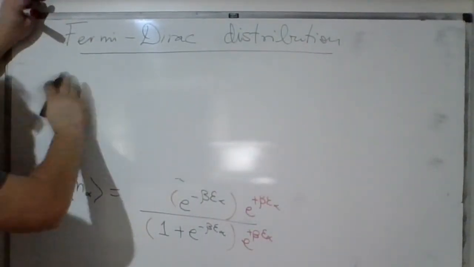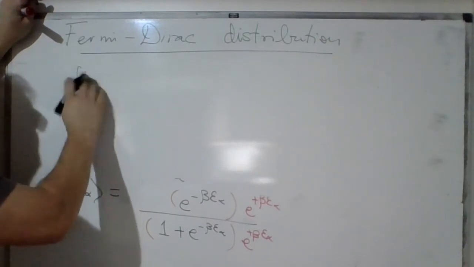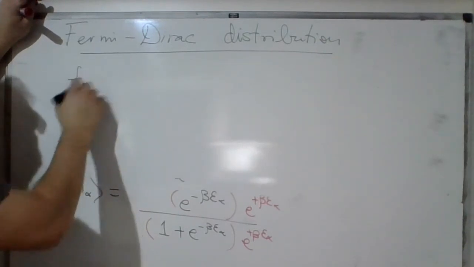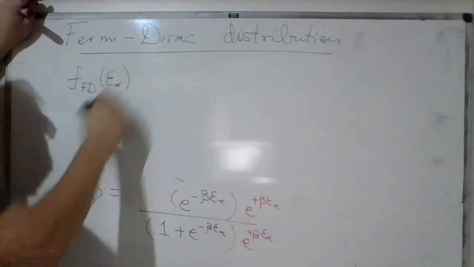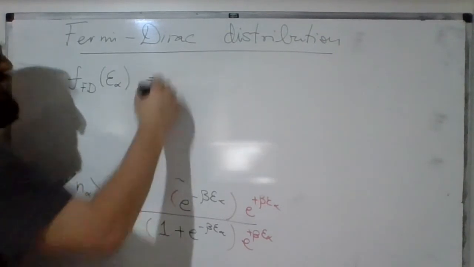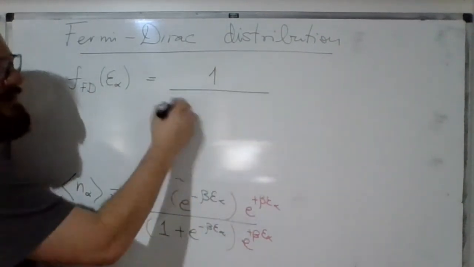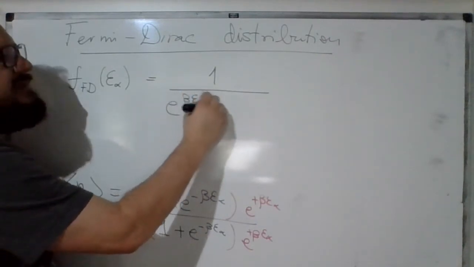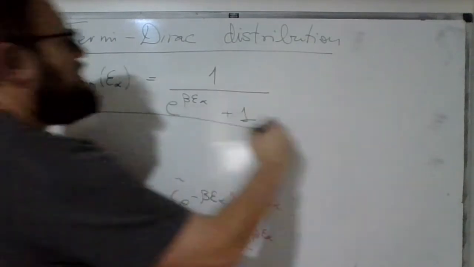It is usually written as f, the distribution function of Fermi and Dirac, as a function of the energy E alpha, which is equal to 1 divided by e to the beta E alpha plus 1.